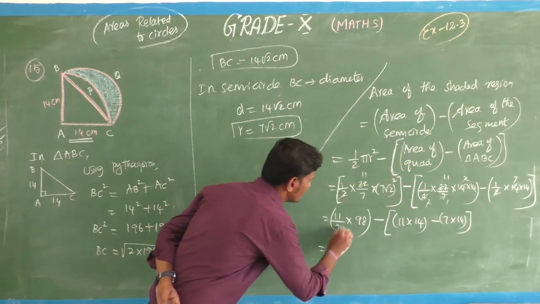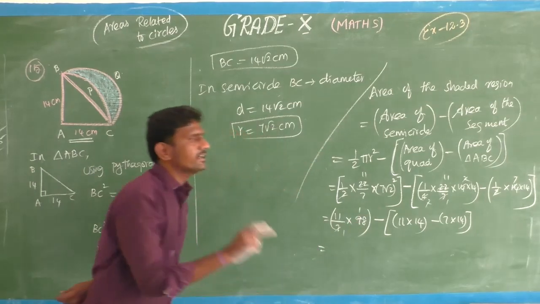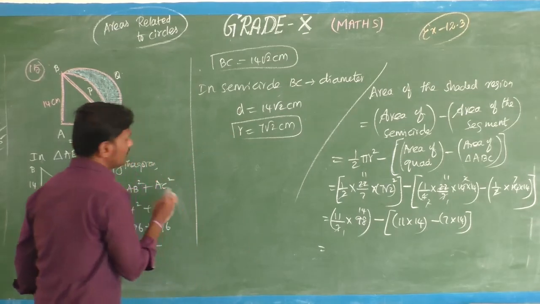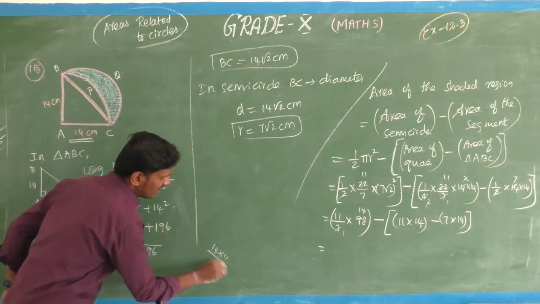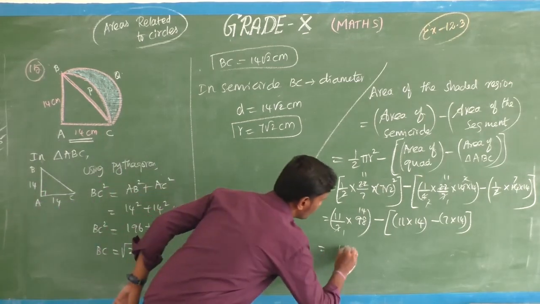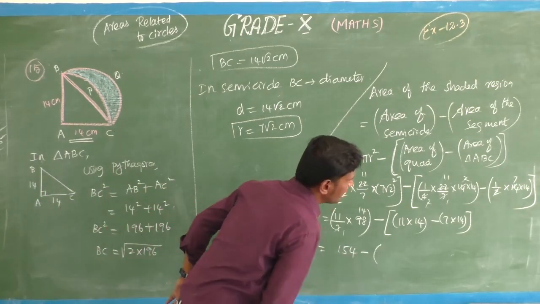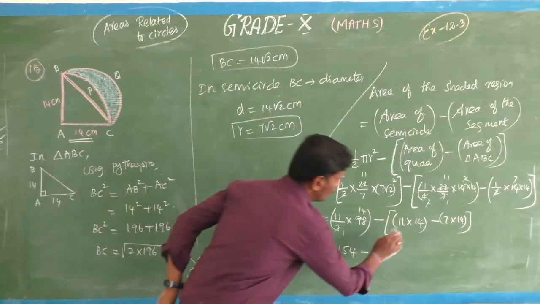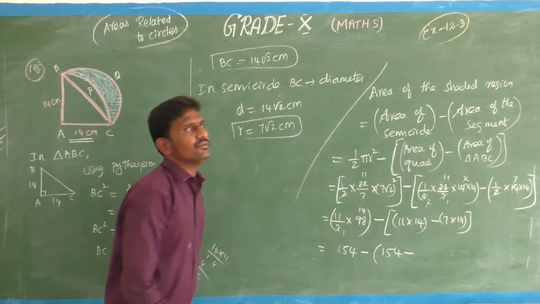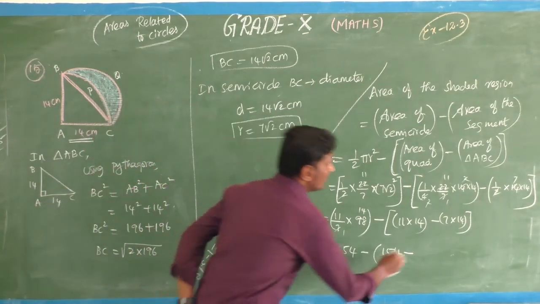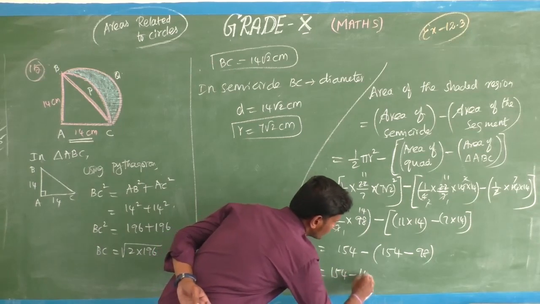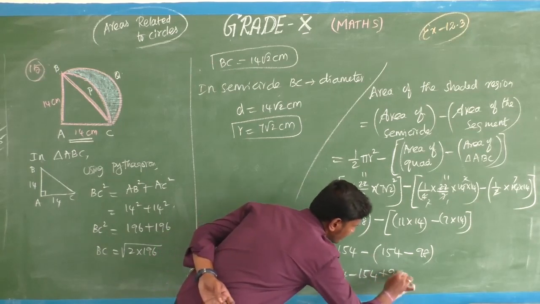So 11 into 14 is 154. 154 minus, the same here, 154 minus 98. Or if you want to take it like this, 98 minus 154 plus 154.